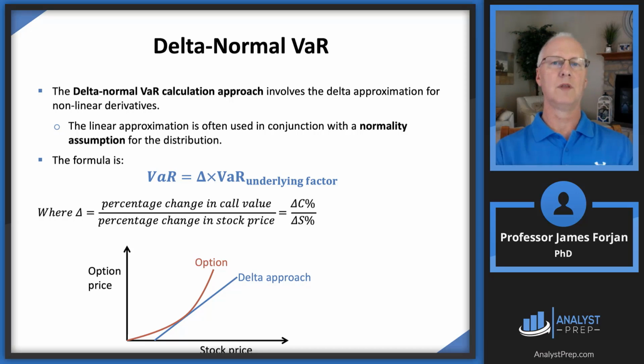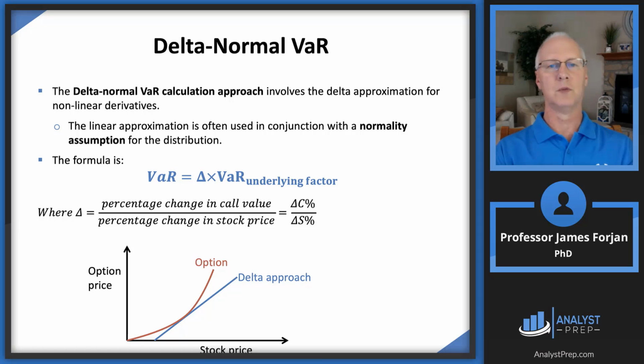And so this normal distribution assumption was not really made because it was easier. It was just made because back in those days, that's the way people thought that, over the long term, asset returns are probably normally distributed.